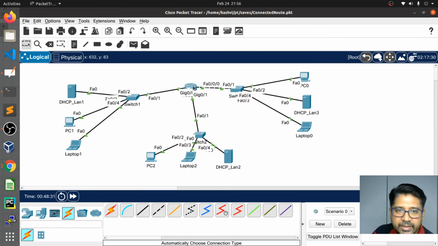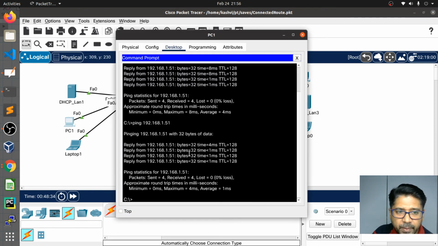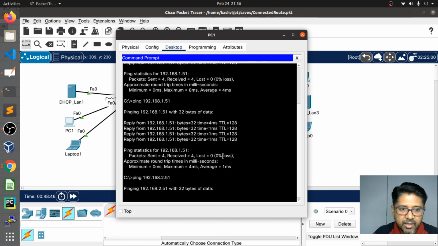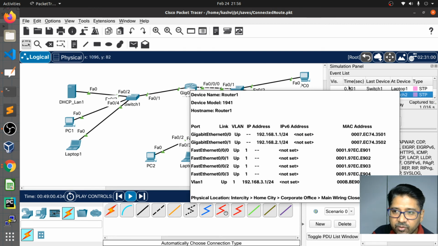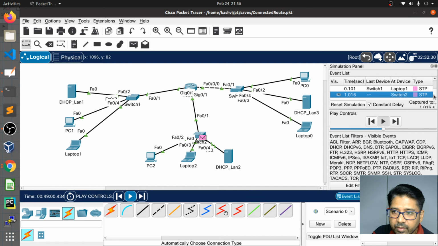Now, if you try to ping outside the network, what is going to happen? I'm going to take another network, 2.51, that we have as an IP, and let's start the simulation to see what happens. We can see they will contact the gateway.